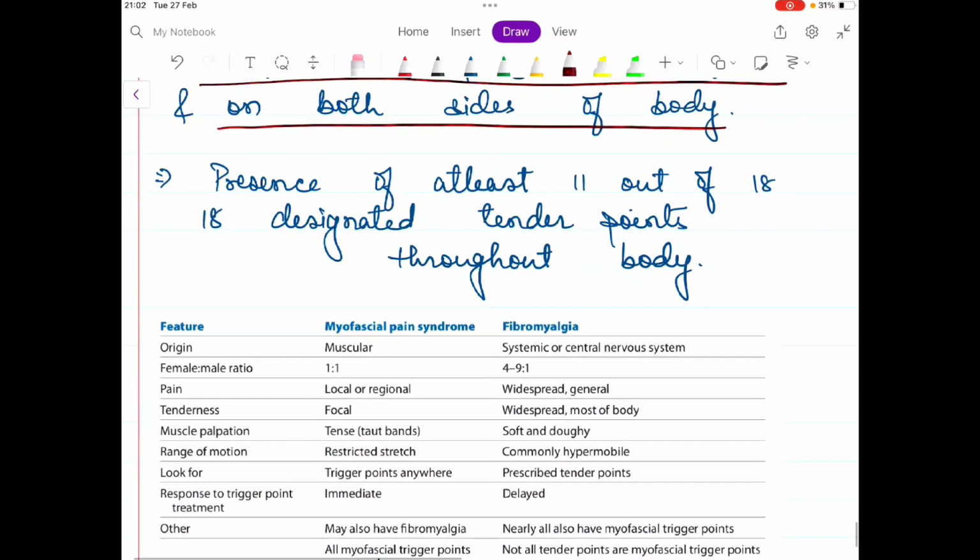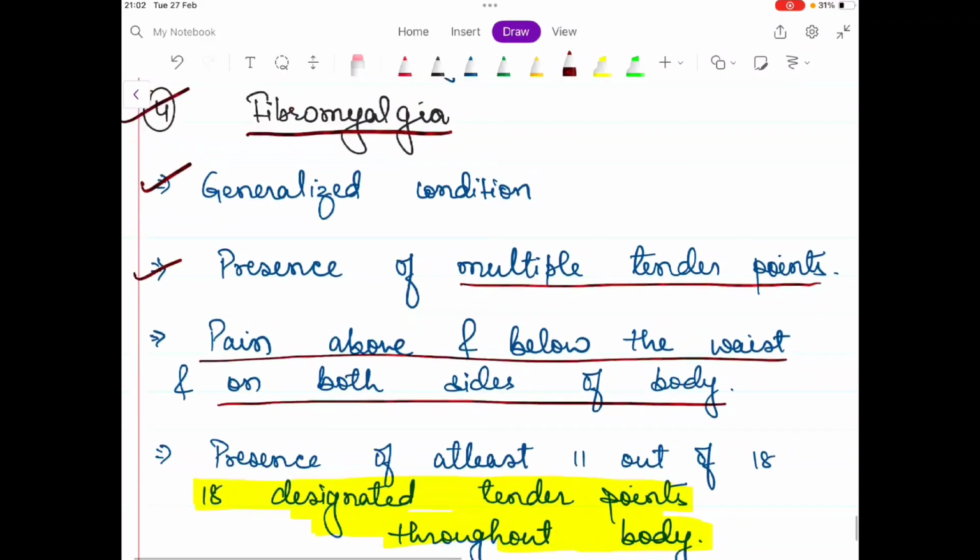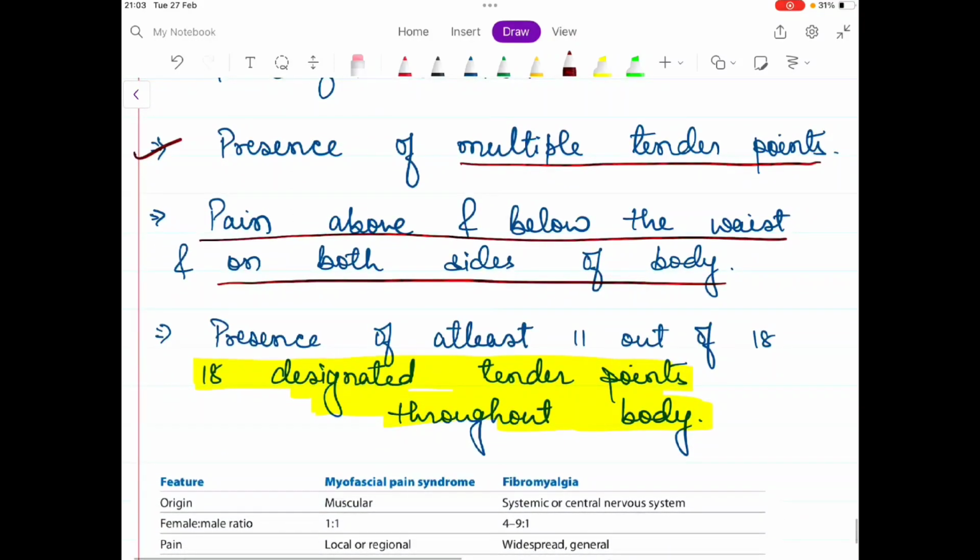Basically there are 18 designated tender points throughout the human body. So in order to say that a patient is suffering from fibromyalgia, there should be at least 11 out of 18 designated tender points.